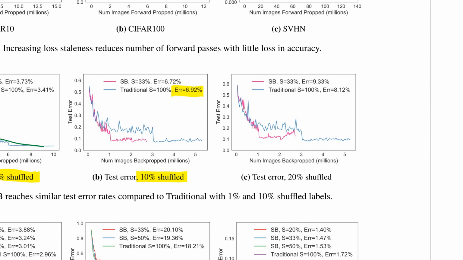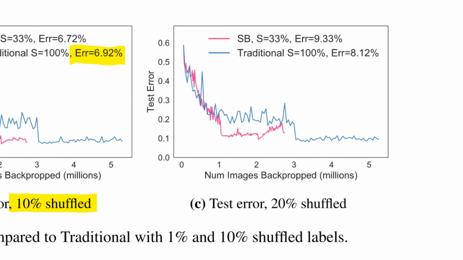But if you go to 20% shuffled labels, it starts to become clear that this selective backprop retains 33% of the hardest examples, right? And 20% of the examples have a wrong label. That means most of what it upweighs are wrongly labeled examples. Almost, let's say. There are still a lot of correctly labeled examples.